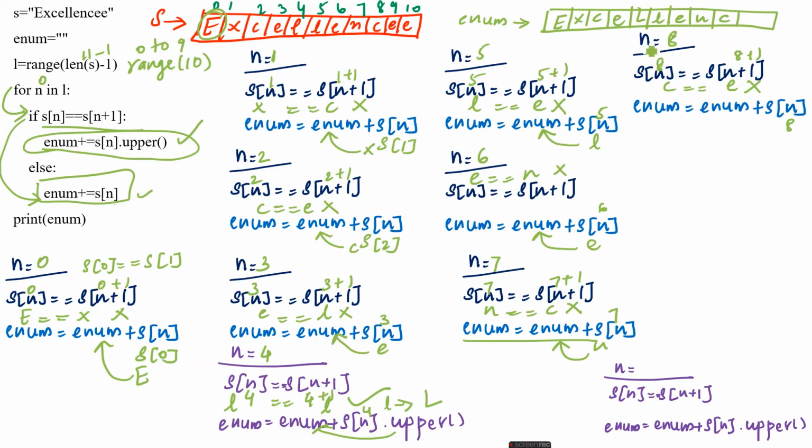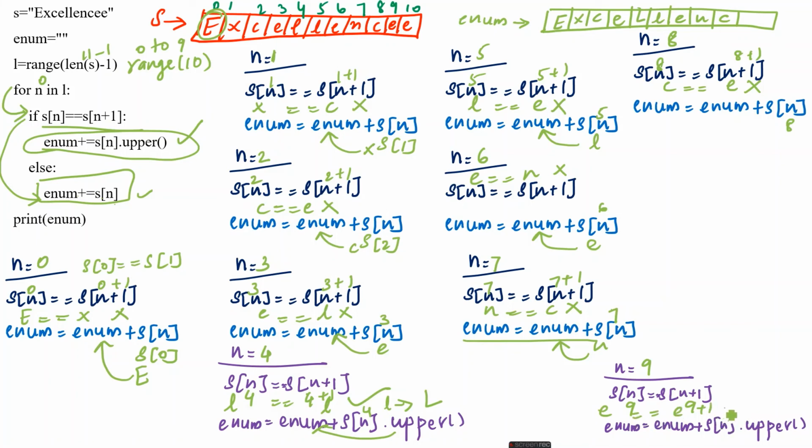Now the next value for n is 9. Now s of n, that is s of 9 equal to s of 9 plus 1, that is 10. S of 9 is e and s of 10 is e. E is equal to e, condition true.